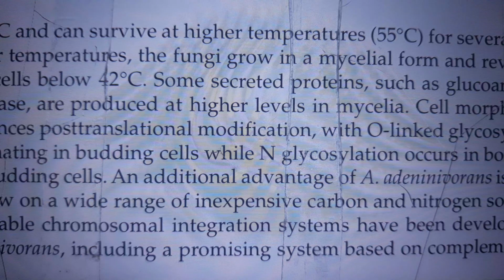At high temperatures, the fungi grow in a mycelial form and revert to budding cells below 42. Some secretory proteins such as glucoamylase and invertase are produced at higher levels in mycelia.